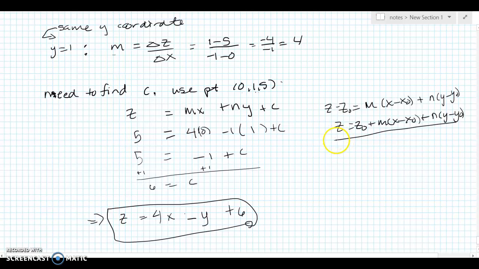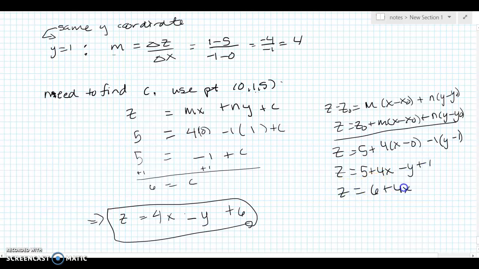Z naught is 5 plus m is 4, x naught is 0, n is negative 1, and y naught is 1, so you would get z equals 5 plus 4x minus y plus 1, and z equals 6 plus 4x minus y. So you can use the other equation, no problem, just depending on what you like to do.